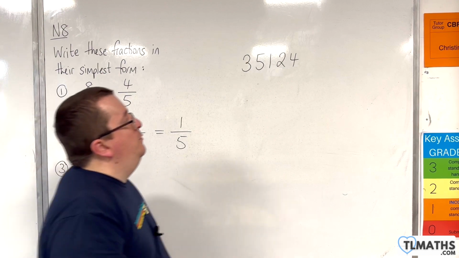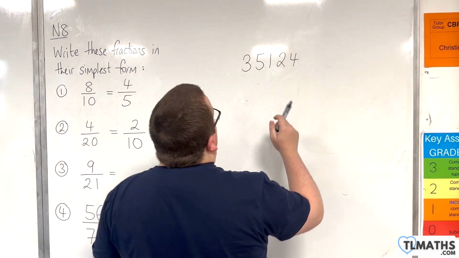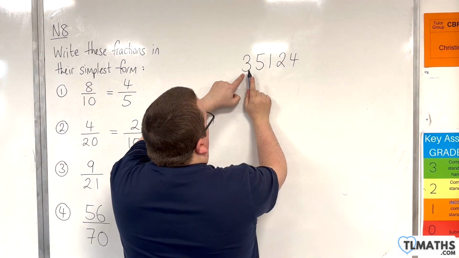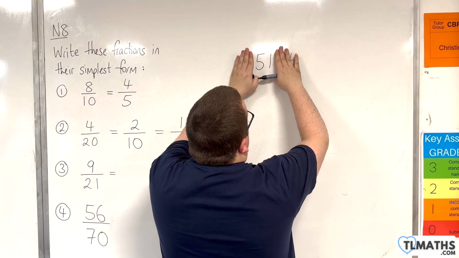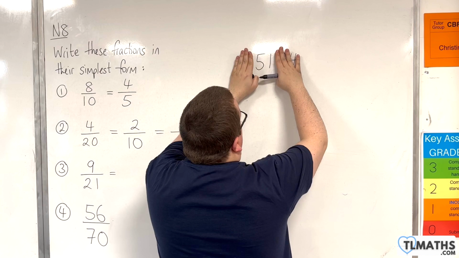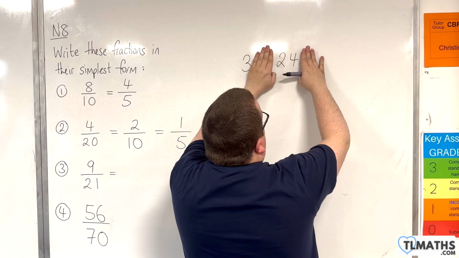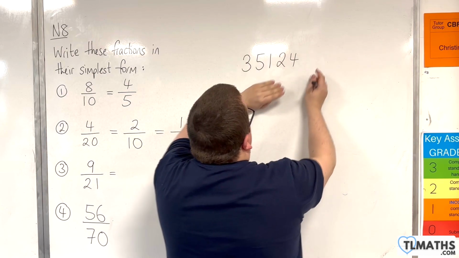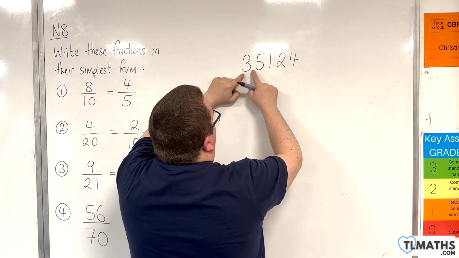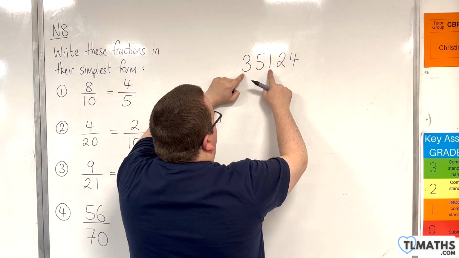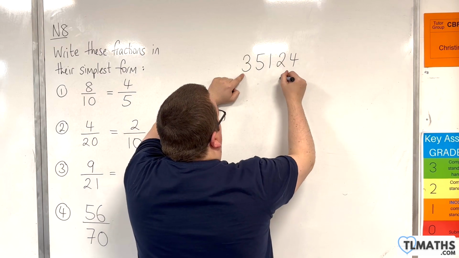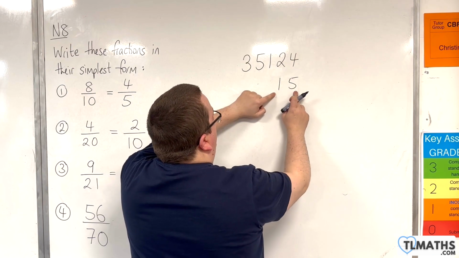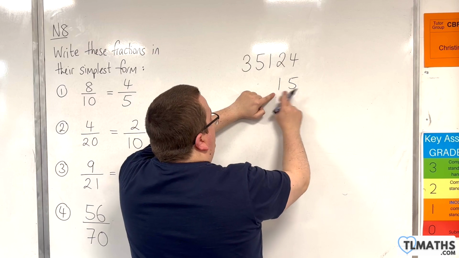The reason why I know that it's divisible by 3 is because the way I constructed it was that I know 3 is divisible by 3. 5 plus 1 is 6, that's divisible by 3. 2 plus 4 is 6, which is divisible by 3. So if you add these up, 3 plus 5 is 8, plus 1 is 9, then 11, then 15. So all the digits add up to 15, and that's divisible by 3.